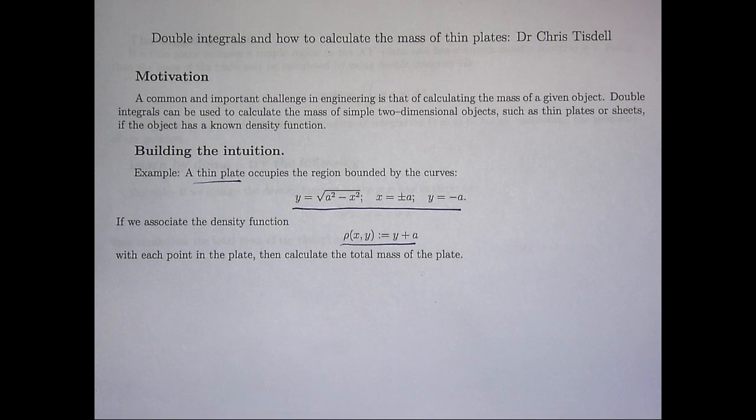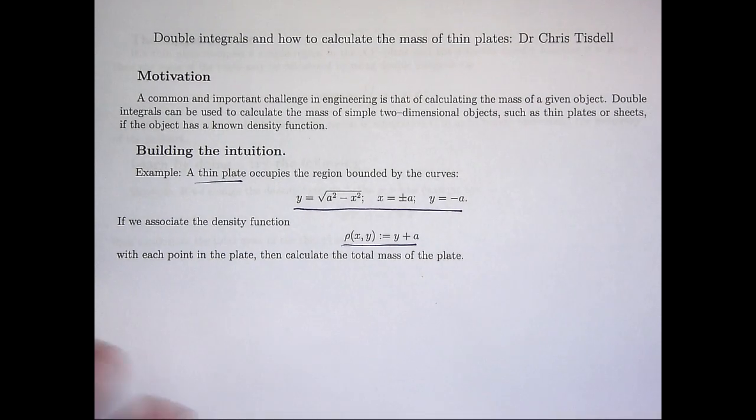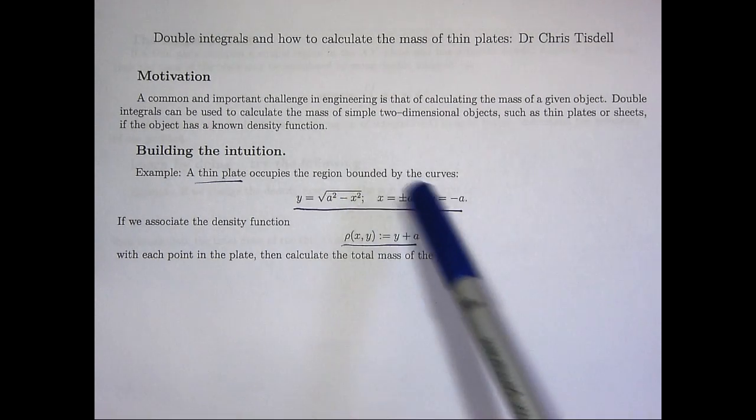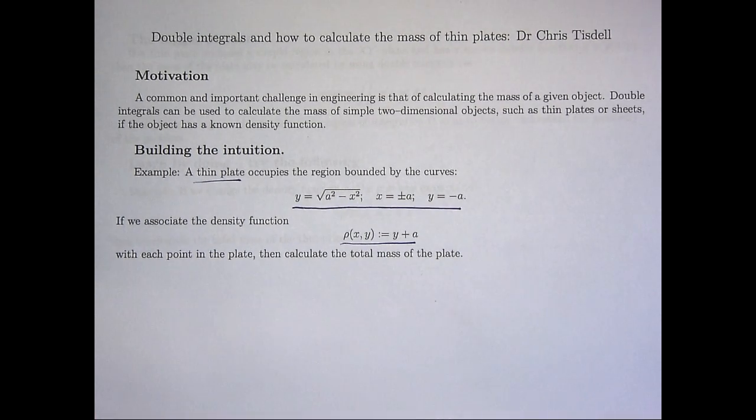Now, our first step with these problems is to actually sketch the region that your plate covers. So what I usually do is I draw these curves and then look at the region that is enclosed by those curves. So let's have a look.